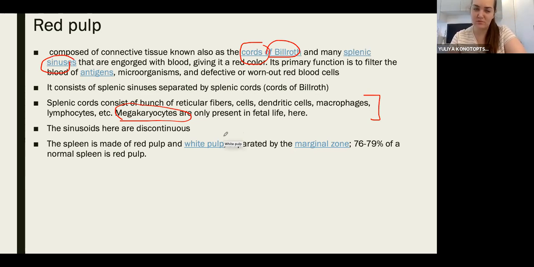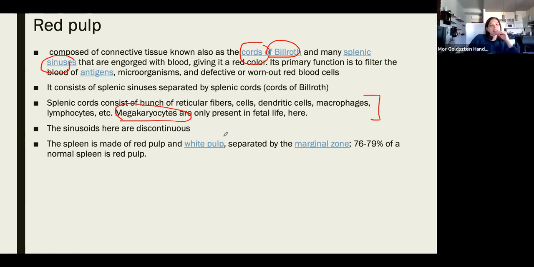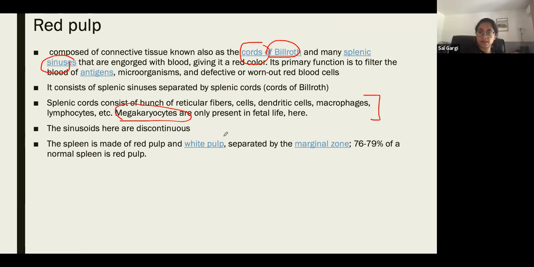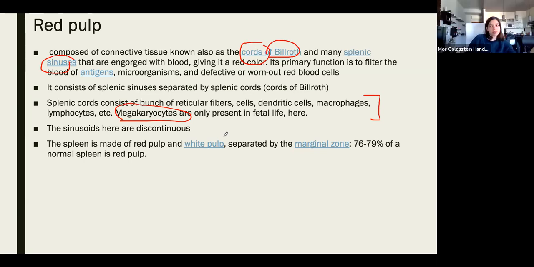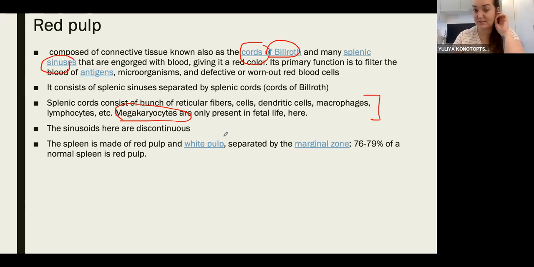That's your embryo 1 from last semester. You remember that we have hematopoietic organs in the embryo. What is the first hematopoietic organ? Yolk sac, until the 2nd month. From the 2nd month until the 7th month, who? Liver. And from the 3rd until the 6th month is the spleen.